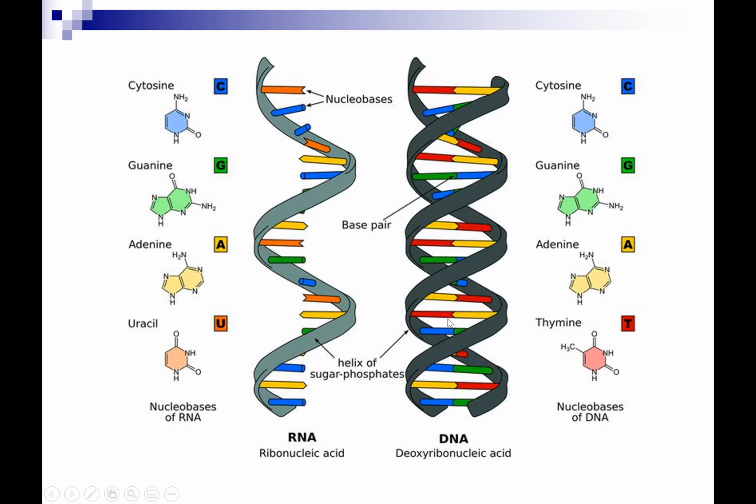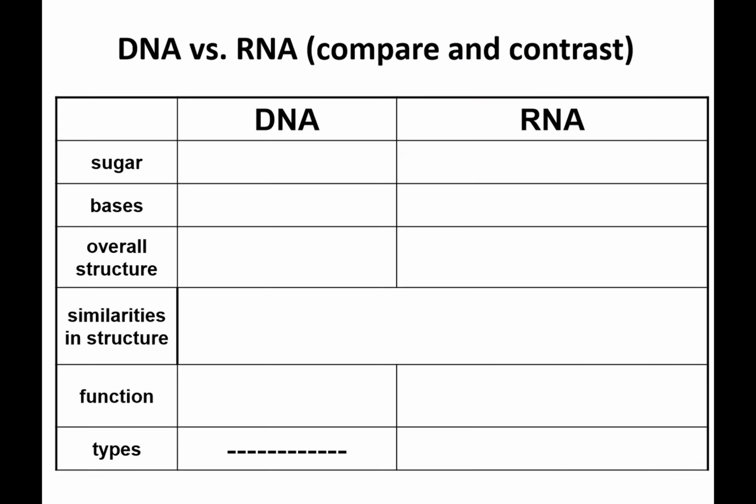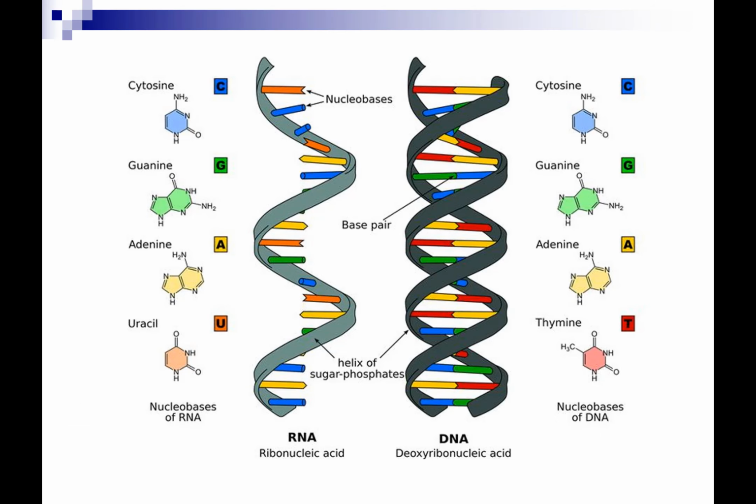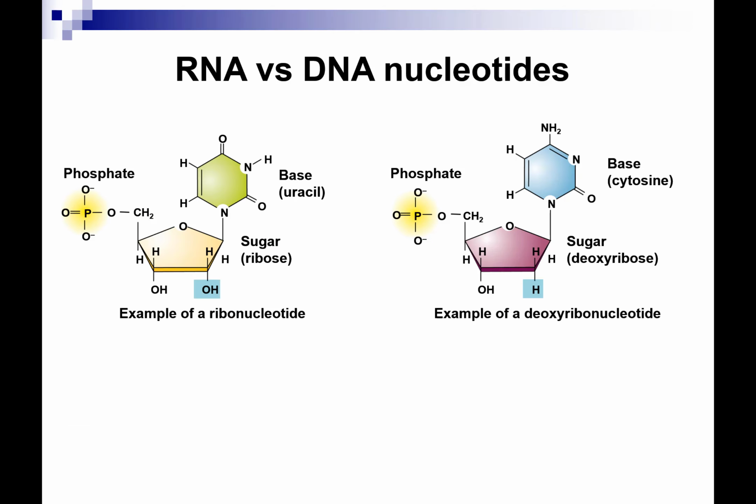Look at this image and see if you can figure out the similarities and the differences. Remember, I said earlier, one of the big differences is the sugar. So RNA stands for ribonucleic acid. DNA, remember, stands for deoxy.